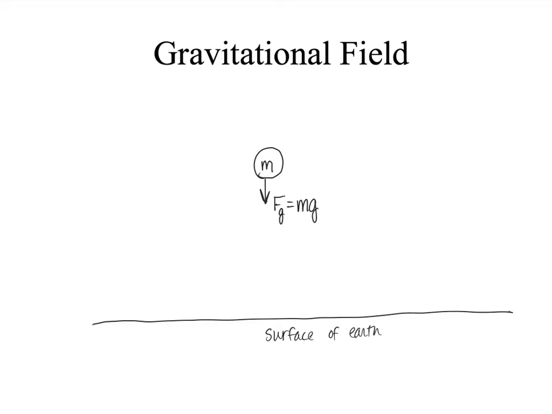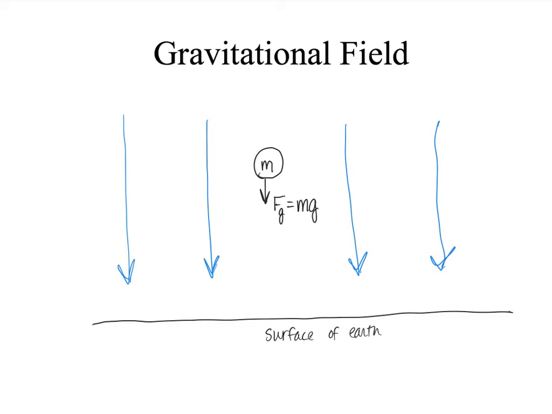Because the Earth exerts forces on objects, we could think of it as being due to a gravitational field that permeates the space around it. What I'm doing right now is illustrating the gravitational field so you can visualize it.